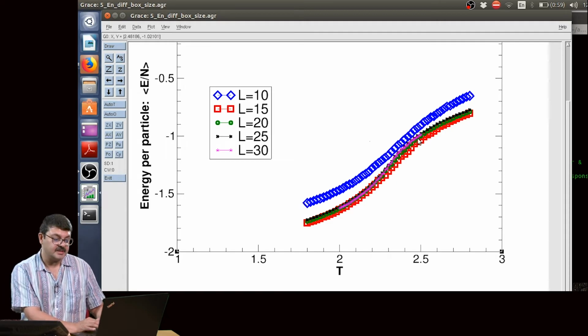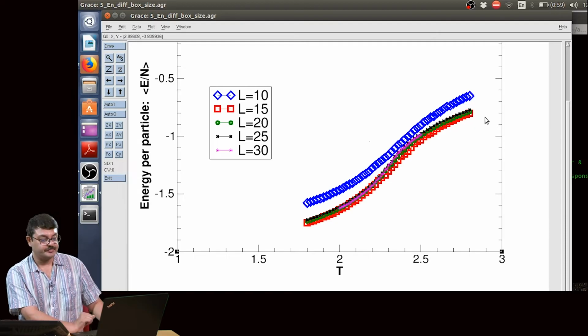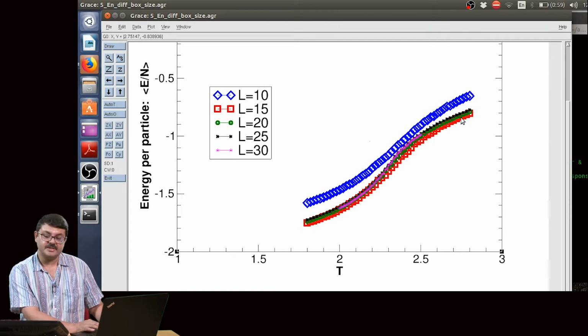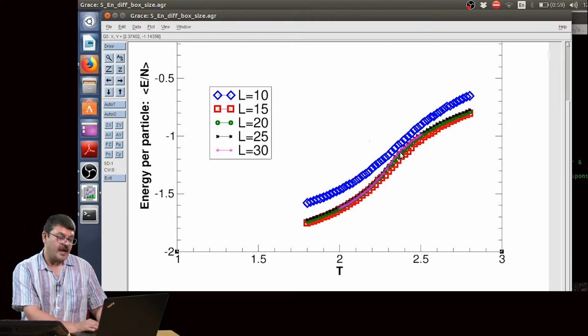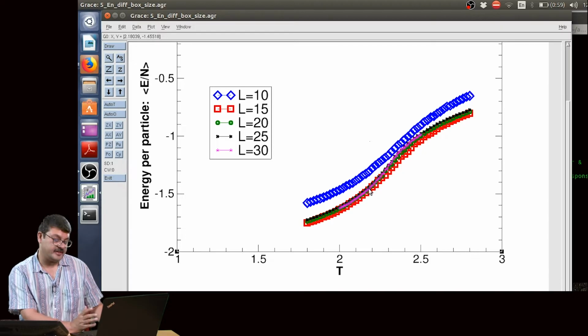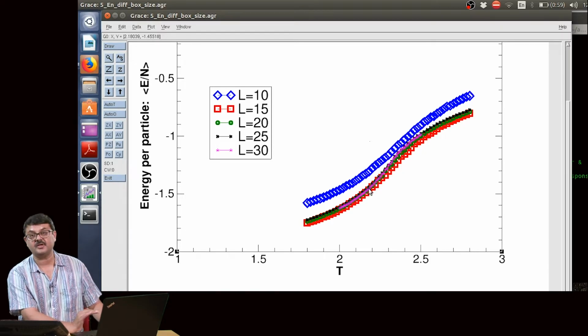So, I have started at a high temperature, around 3, where the random initial condition allowed it to relax to equilibrium, and then I am slowly decreasing the temperature. All the data that I have shown till now is for cooling curves, and here we see that even for L equal to 30, averages over 1 lakh iterations give very good and smooth quality data.